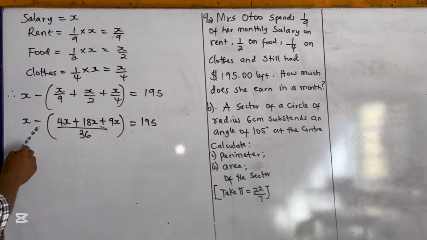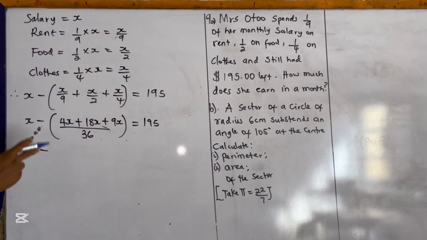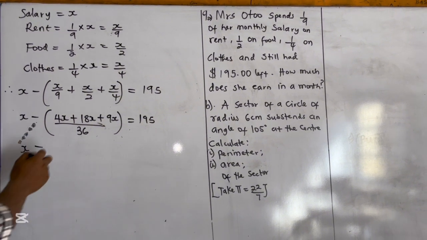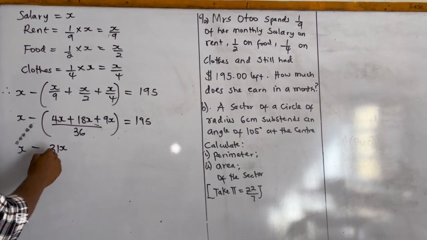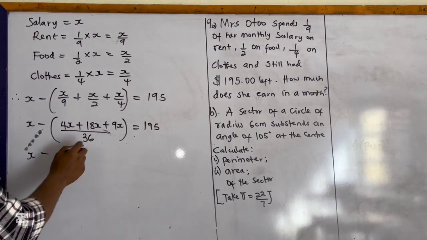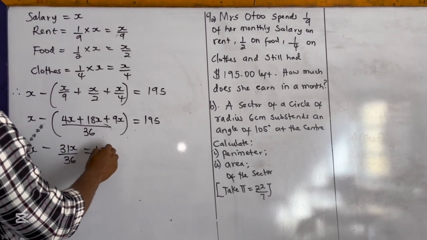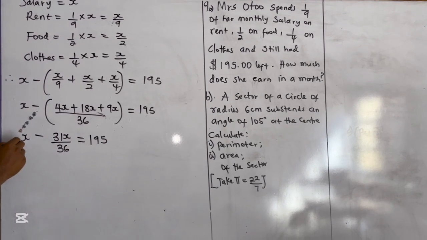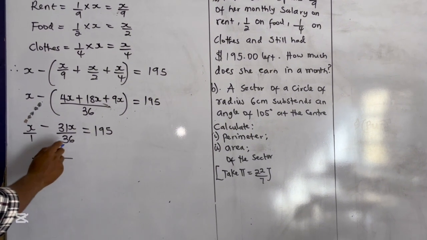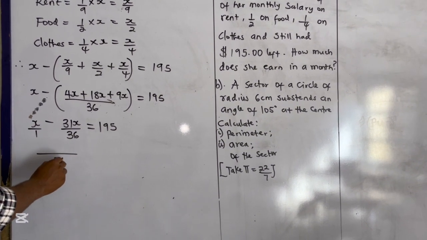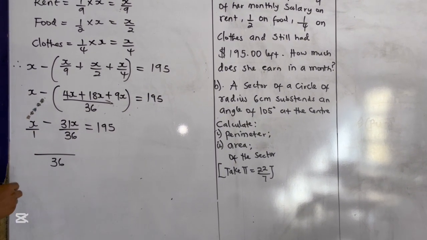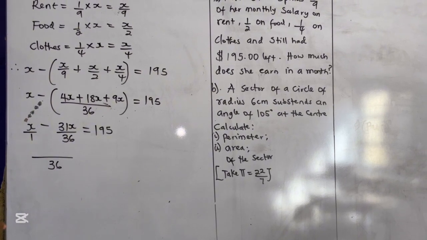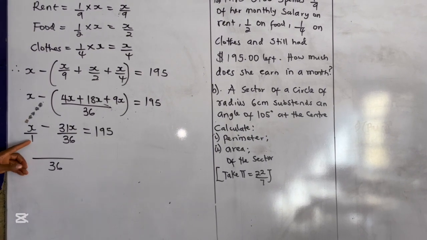So we have x minus 4 plus 18 plus 9 will give us 31x over 36 equals 195. I can write this as x over 1.